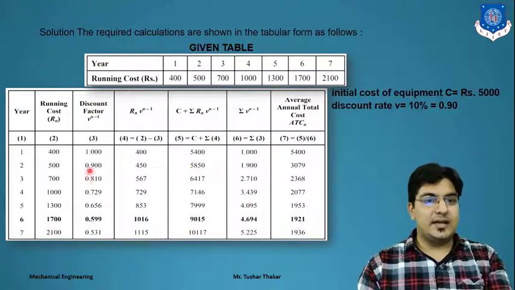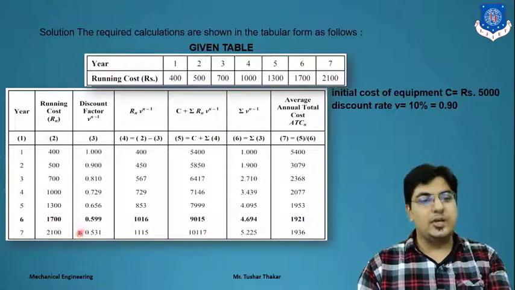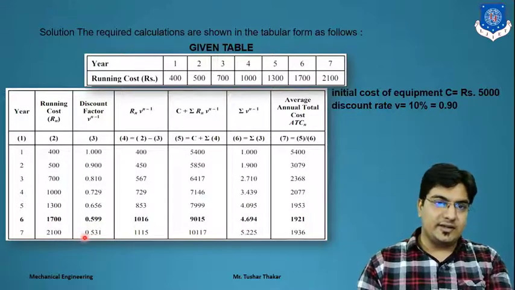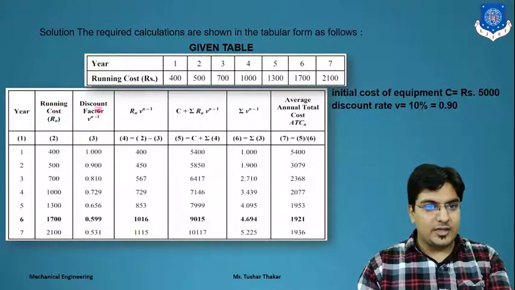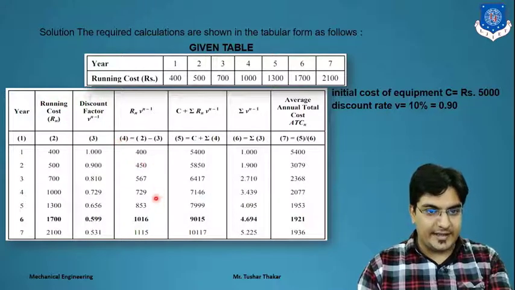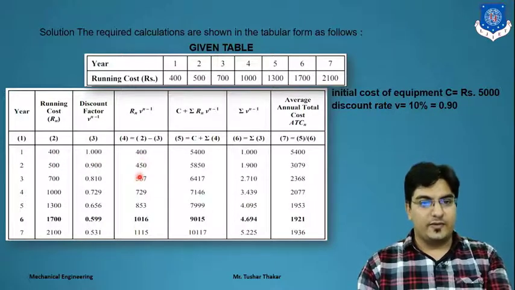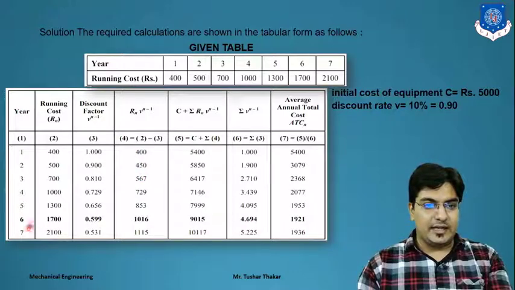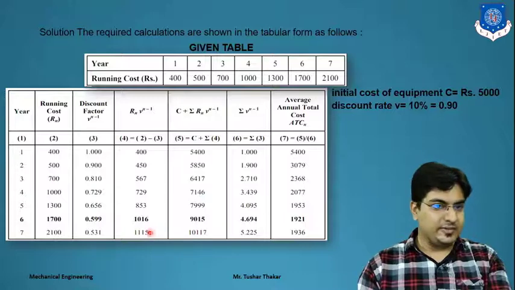In the second year we find 0.90 raised to 2 minus 1, that is 0.90 raised to 1, which is 0.9, and respectively up to year 7, right? In the next step we multiply the running cost by the discount factor. We get 1 into 400, that is 400; 0.9 into 500, we get 450. According to that we get 1115 at the end of the 7th year.